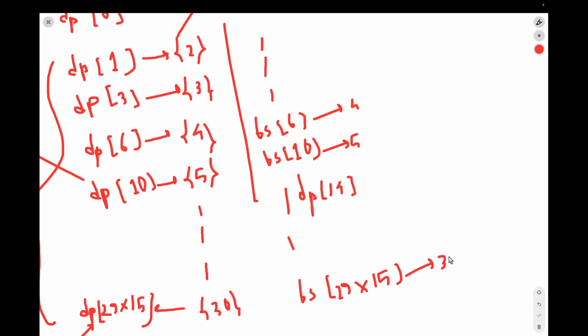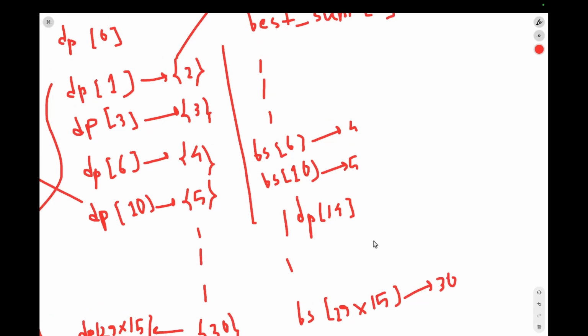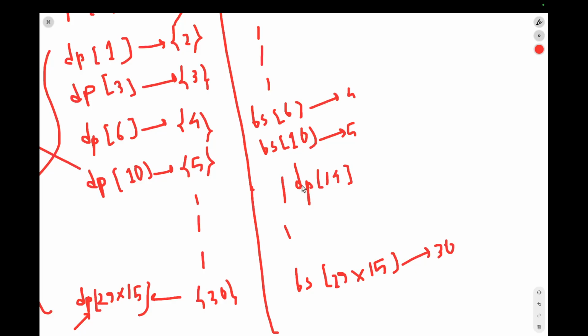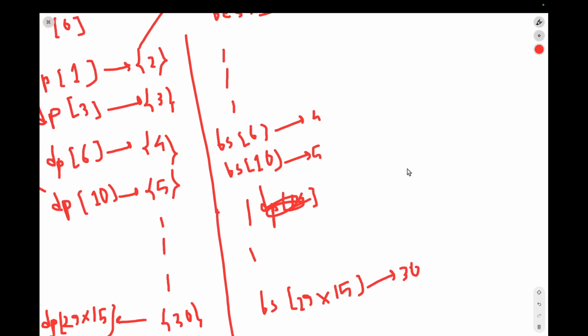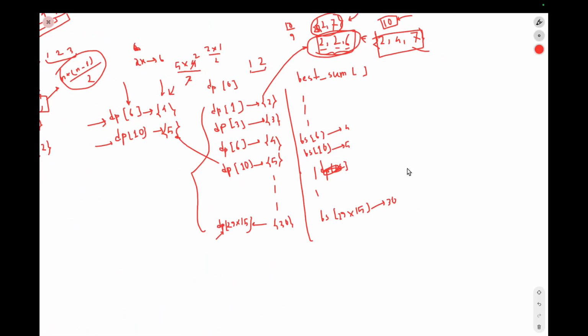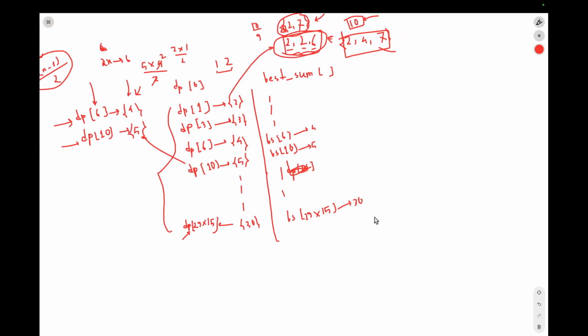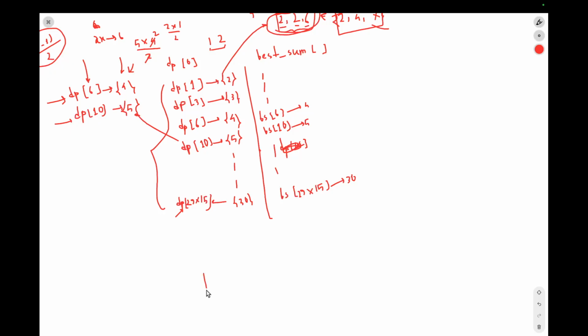So we have stored all the bs values also. So now we have to calculate dp of 40. Let's say we have these dps and these bs, meaning base sums. Okay, now we will calculate, let's say, dp of 40.